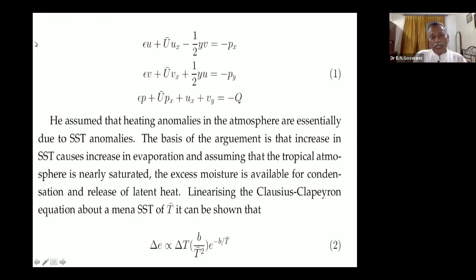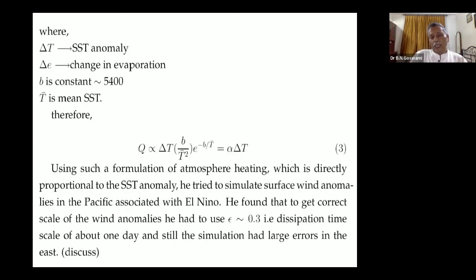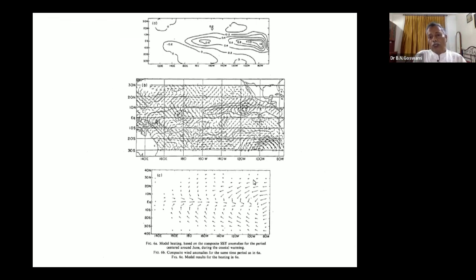People took this model and made the heating proportional to sea surface temperature anomalies, and then used the model to study the response of the atmosphere with changing sea surface temperatures. That kind of model has been used to study the response of the wind anomalies.